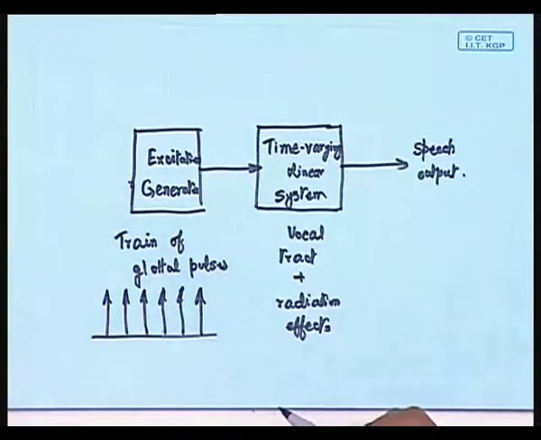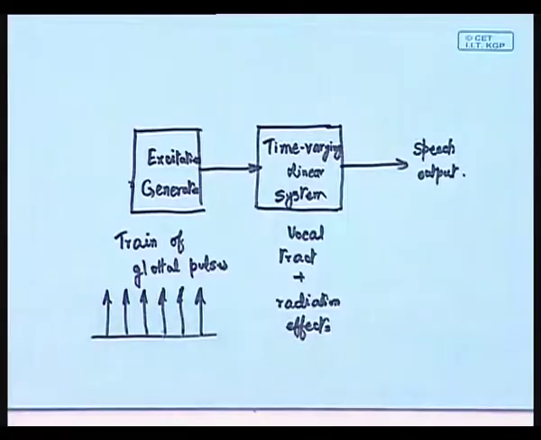Now whenever you have such kind of pulses, you can imagine that it produces a very flat spectrum, but the actual speech output spectrum would not look like a uniform spectrum, okay.